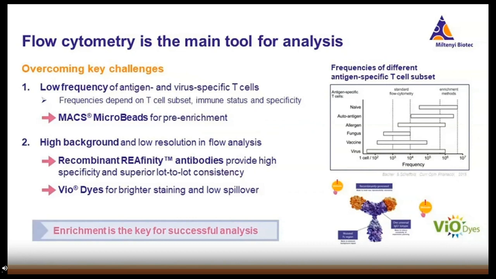Furthermore, the recombinant design actually completely eliminates the need for Fc receptor blocking. And further, our really bright Vio dyes can also enhance the detection capabilities of these rare cells. So we think that especially for this rare cell analysis, enrichment can be the key for successful analysis.